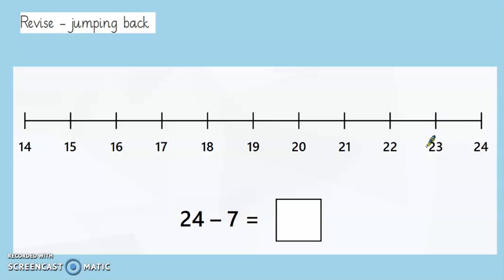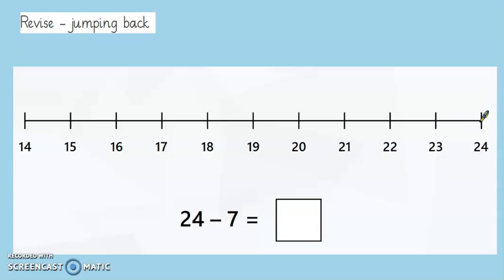Then what I did was I counted backwards to fill in the other numbers for each of the other squares backwards to 10. Now I need to jump back 7, that's right.